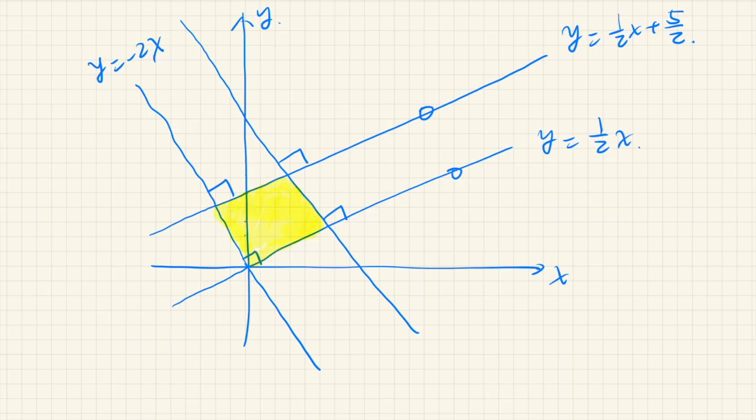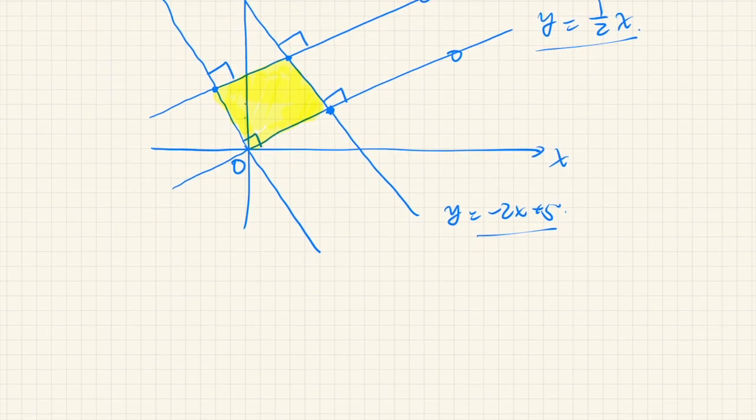Okay. So first, let's try to find those intersections. This is obviously 0, the origin. This is y equals negative 2x plus 5. So let's find this one. This one is the cross section of this one and this one. So 1/2 x equals negative 2x plus 5.